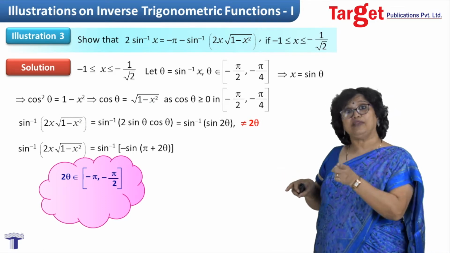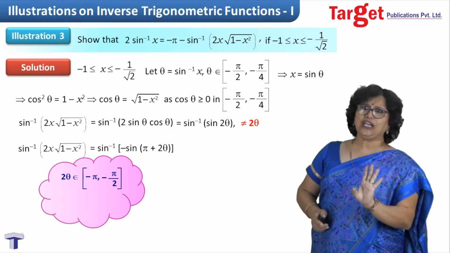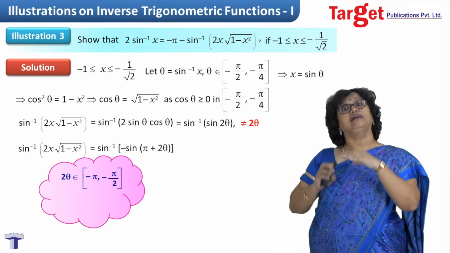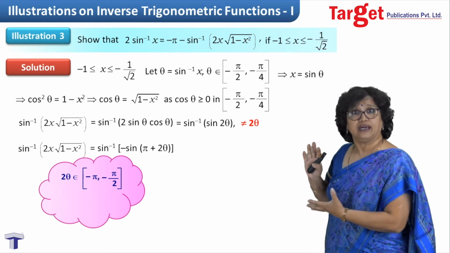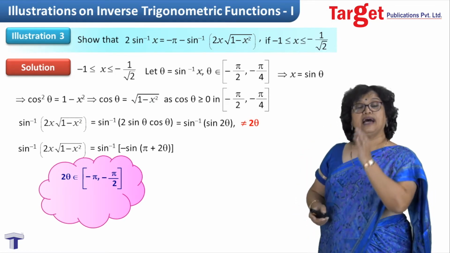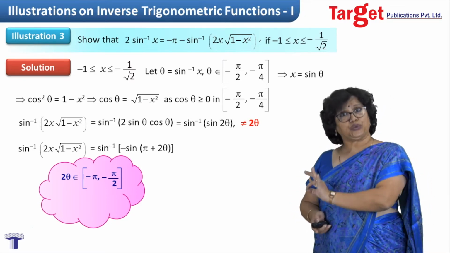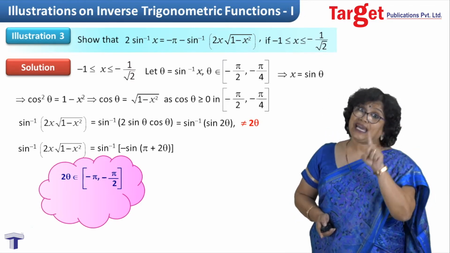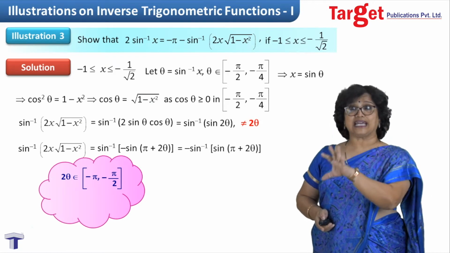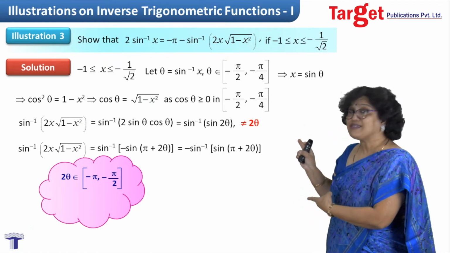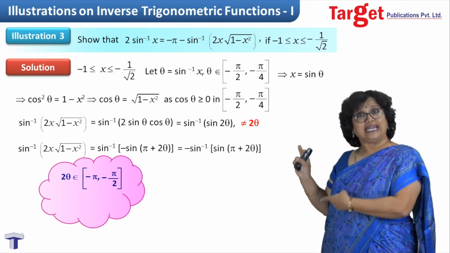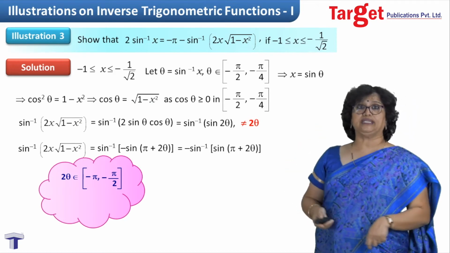So, minus of sine of pi plus 2 theta is going to be sine 2 theta, which can very well replace sine 2 theta. I hope everyone understands what I'm saying. I'm writing sine 2 theta as minus sine of pi plus 2 theta. And sine inverse of minus something is minus sine inverse. So, this is further written as minus sine inverse of sine of pi plus 2 theta.